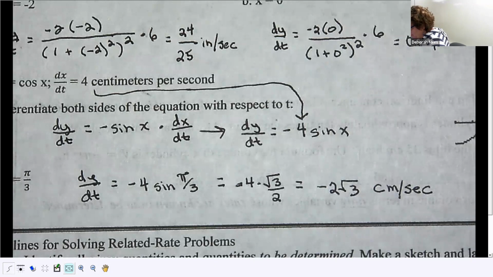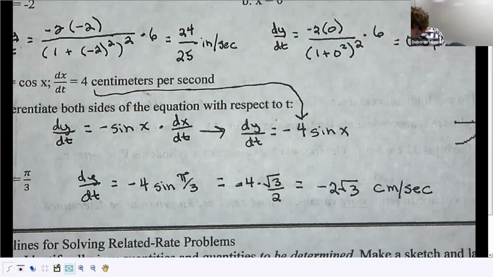All of those problems were just marbles rolling on some path defined by an equation. And we were given how fast one of the quantities was changing, the two quantities being horizontal distance and vertical distance. You tell me how fast one of those distances is changing, I can figure out how fast the other distance is changing.